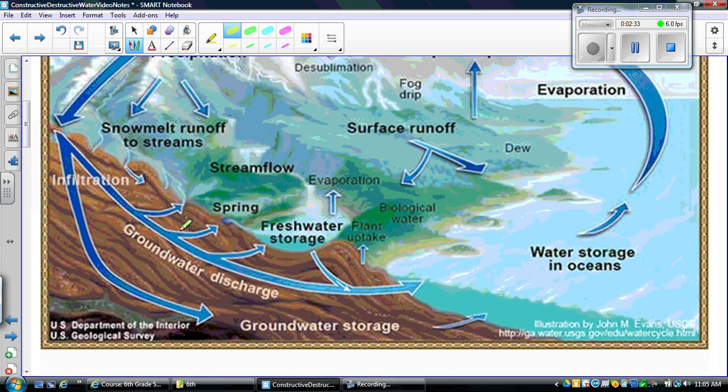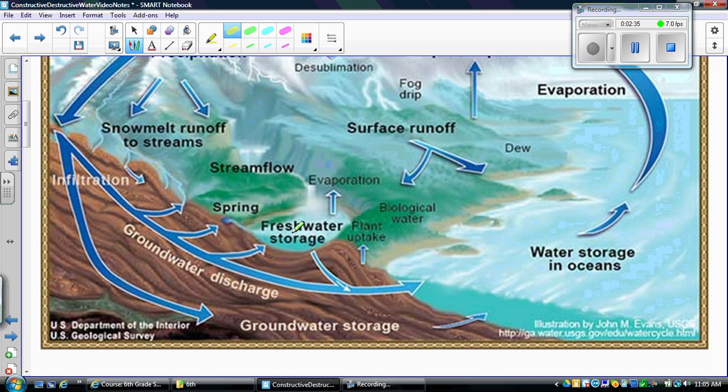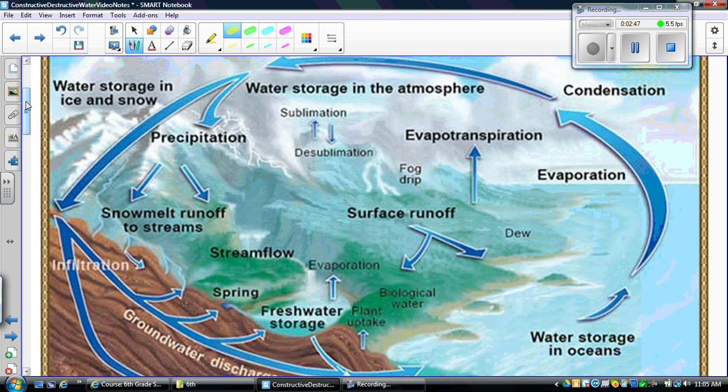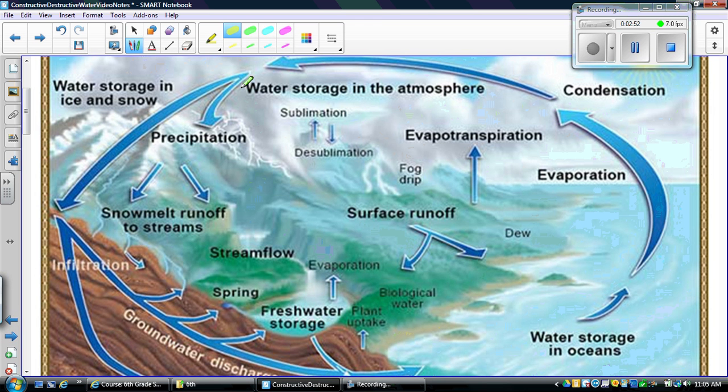So liquid water, whether it's in a pond, a river, the groundwater, whether it's in plants or animals, will, through heat energy, evaporate and turn into gas. So liquid water will change from a liquid to a gas. That gas of water we call water vapor. It gets stored in our clouds. Water vapor attaches itself to dust particles, pollen, small particles that are in our atmosphere, and that's what creates our clouds.